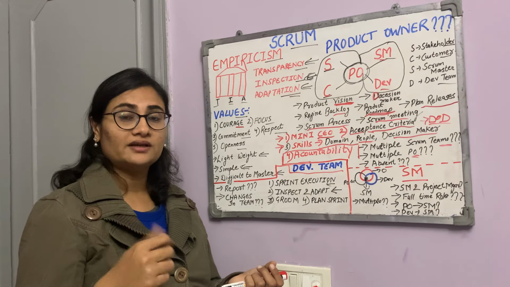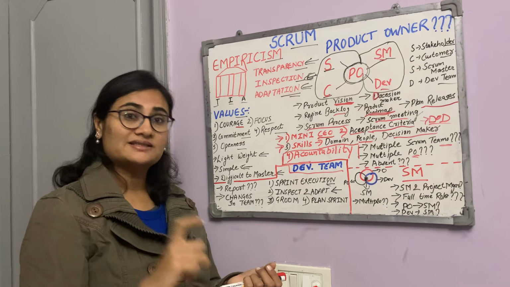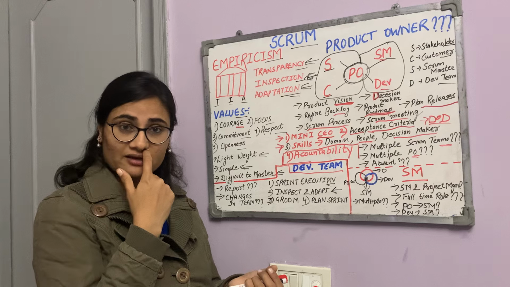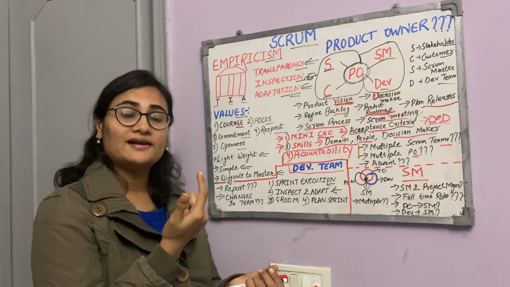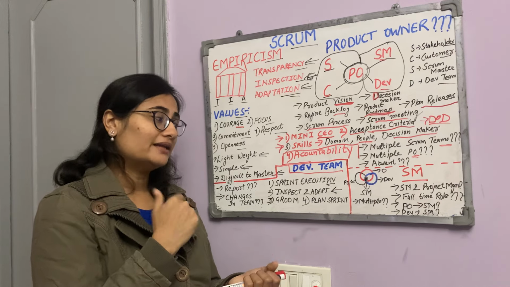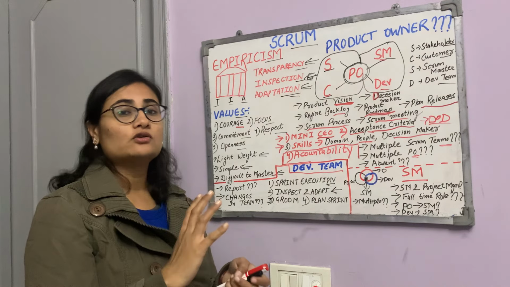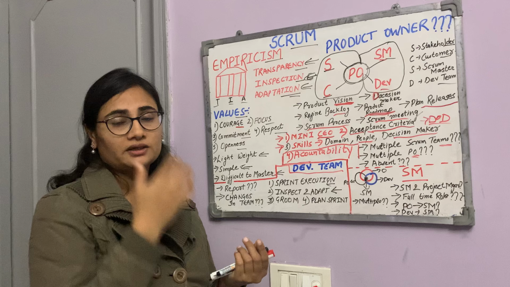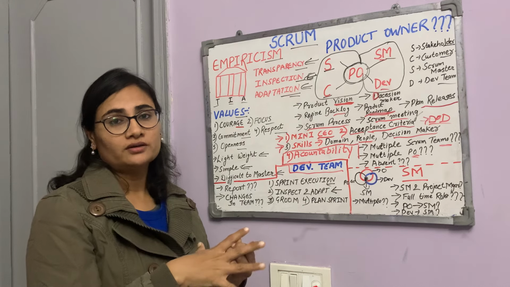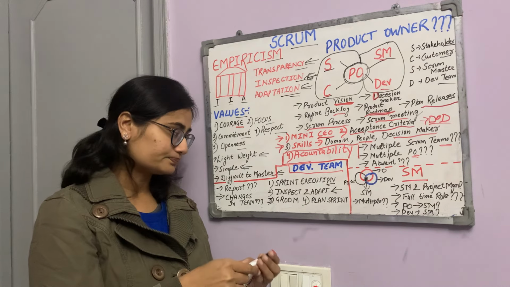They adapt their next day planning basis the impediments which have been highlighted in daily Scrum. Then they also participate in retrospective and review meetings. That also gives them a good opportunity to inspect and adapt on the work they have done.